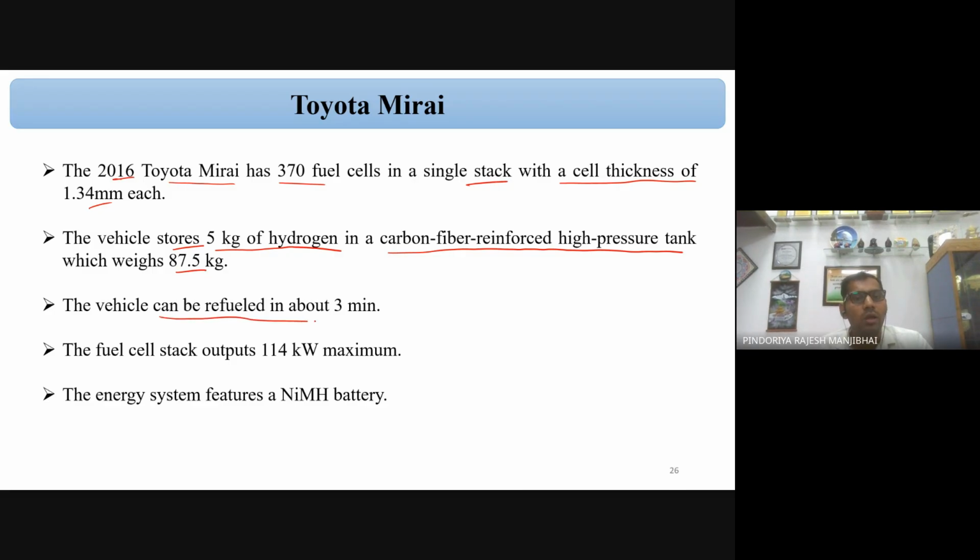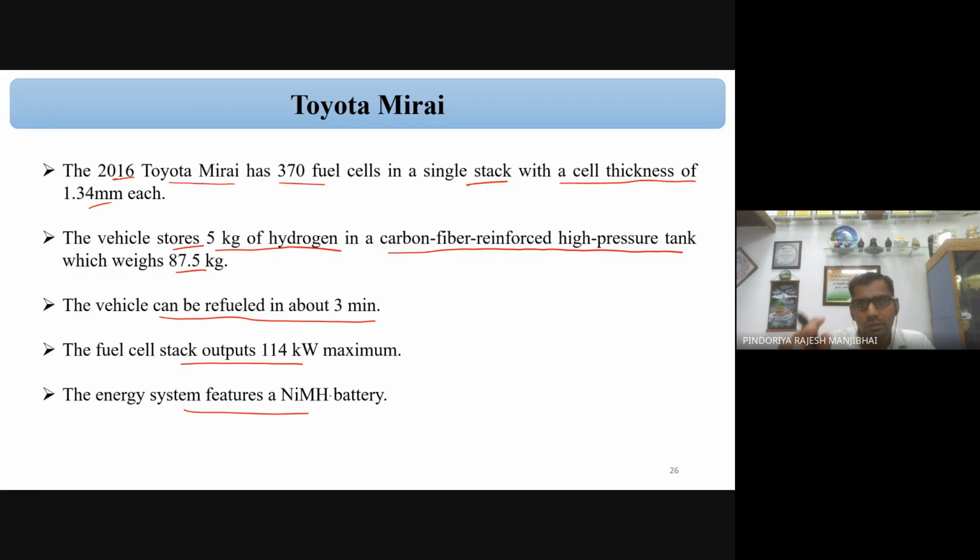The vehicle can refuel in about 3 minutes. It will take only 3 minutes to refuel the hydrogen. The fuel cell output power is 114 kilowatts maximum. And the energy system features a NiMH battery. Okay, so this type of battery they use in the Toyota Mirai.